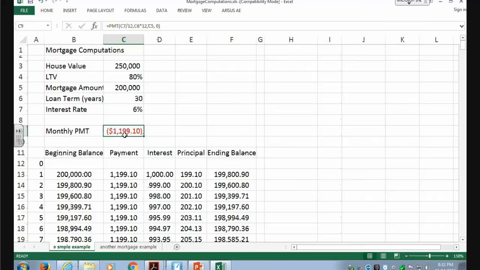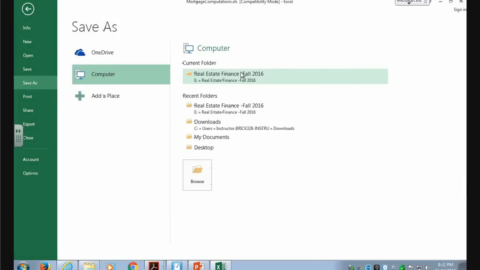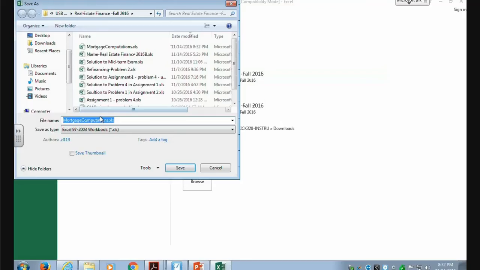Okay, so now listen. I rename this: mortgage computation, tax effect.